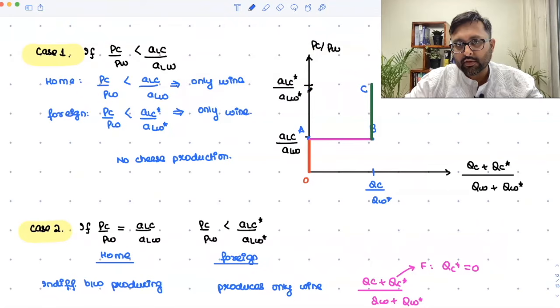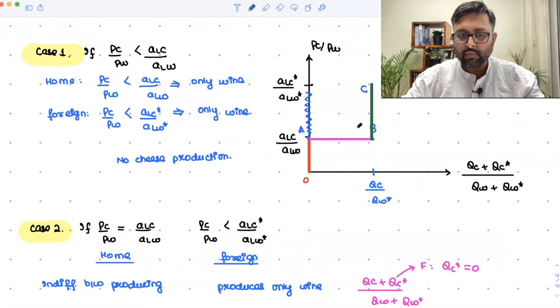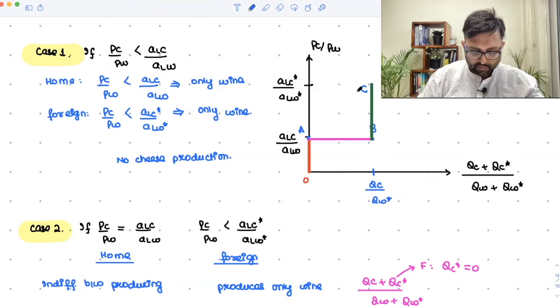PC by PW is lying here. So it is greater than ALC by ALW, but less than ALC star by ALW star. For all of these prices, this is going to be the case. This is your third case. When PC by PW lies here, then home country is going to produce only cheese and foreign country is going to produce only wine. So you are here. Okay.